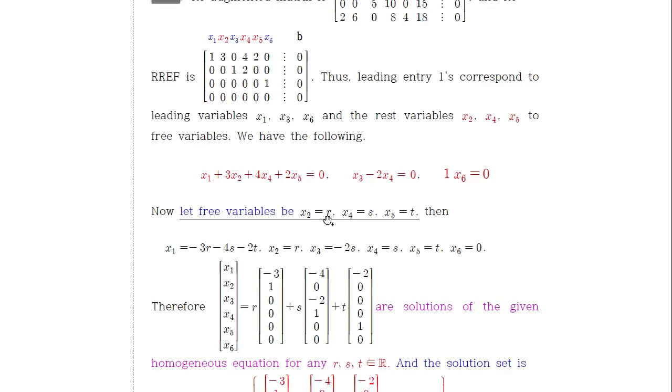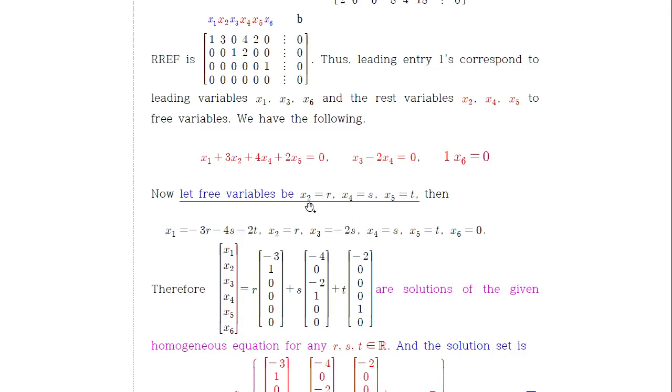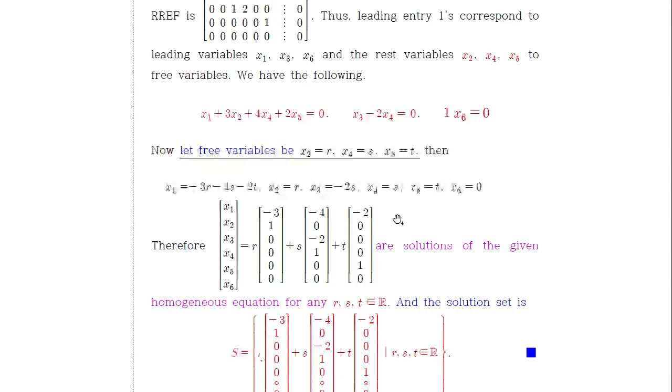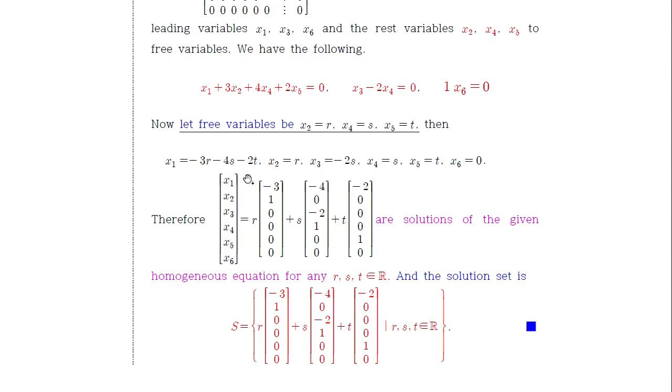So let the free variables be R, S, and T. Then x6 is 0, x5 is T, x4 is S, so x3 comes from here, is minus 2s, x2 is equal to R, and x1 can be written as a linear combination of these. So these xi's can be written as what? A linear combination of these three vectors, like what you saw.